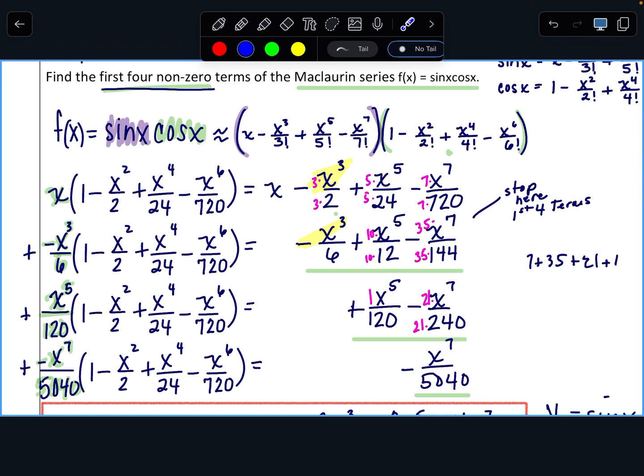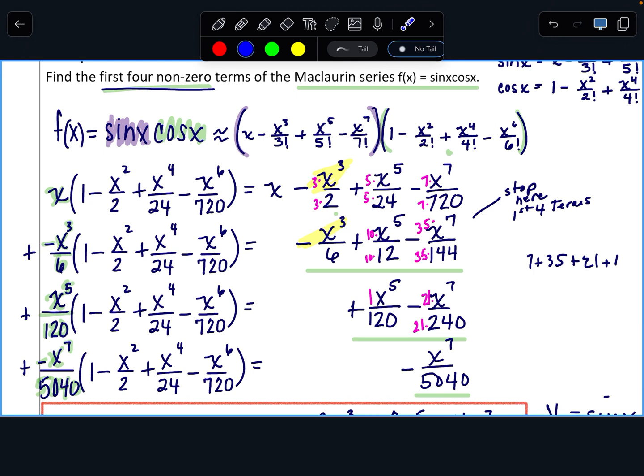So you have the first four terms of multiplying x, and then you do the same thing multiplying the negative x cubed over 6, distributing that to the four terms. After you get to the third term, you want to take your results of the distribution and columnate your terms, so notice I put the x cubed over 2, and I'm going to put the minus x cubed over 6 directly underneath the x cubed over 2 because I'm going to add these terms together.